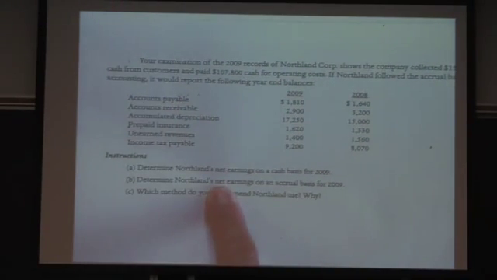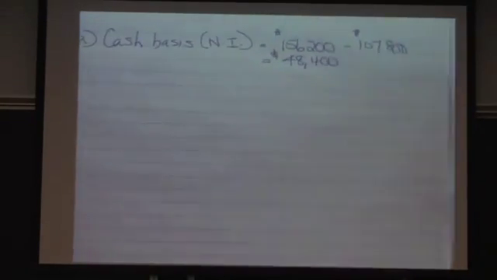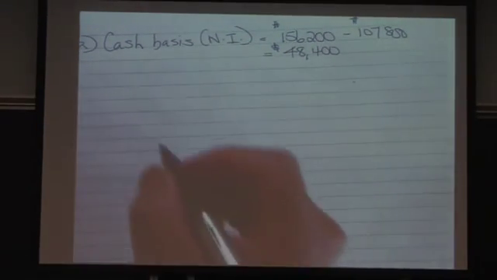Now, in part B, it says, let's convert that earnings to the accrual basis of accounting. And all we're given is year-over-year balances of selective assets and liabilities. So let's take a look. So what I'd like to do is show you, first of all, revenue. Okay?